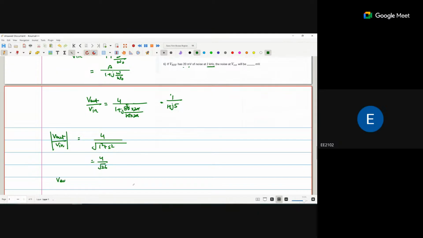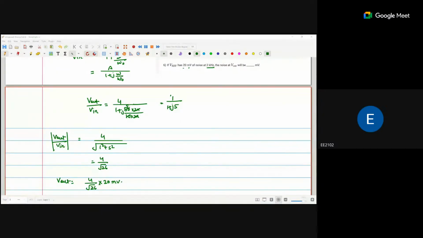V out is 4 divided by root of 26 multiplied by 20 millivolt. So it is 10.